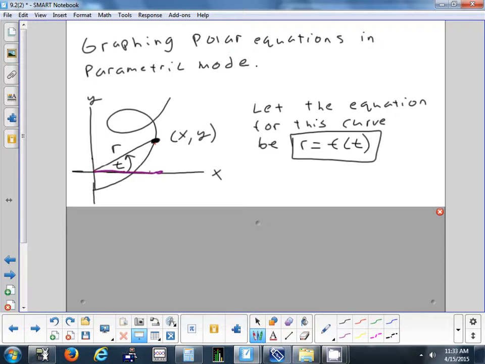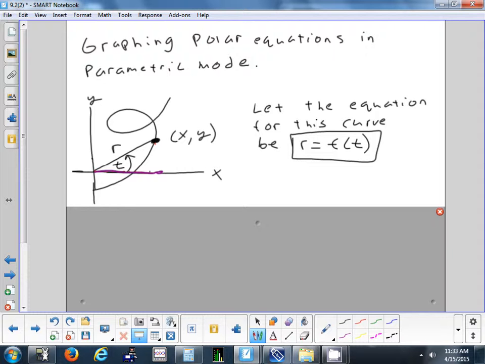If I draw a segment from it to the origin, it has a radius. And it also has an angle. T is the angle between the positive x-axis and that radius. I didn't use theta because we're getting into parametric mode. So when you're thinking parametric, think t. That's your parameter that's changing.